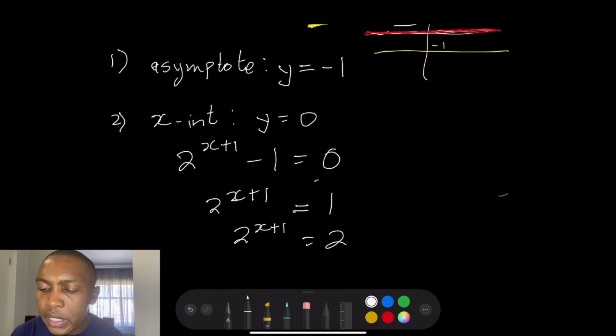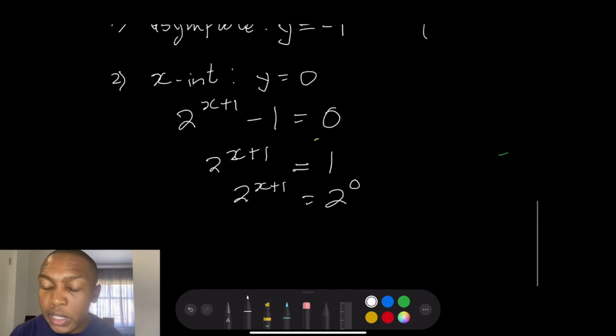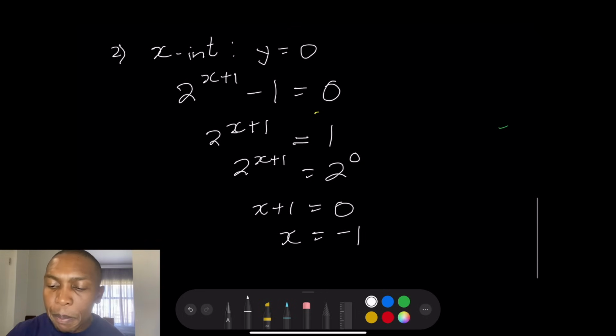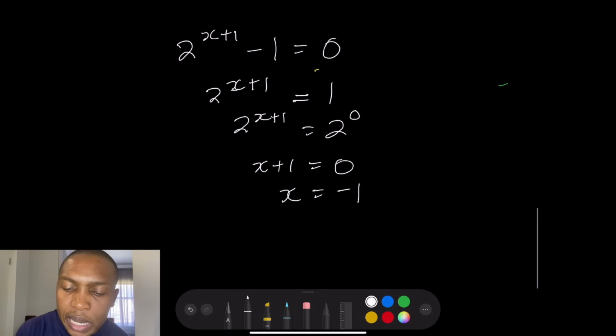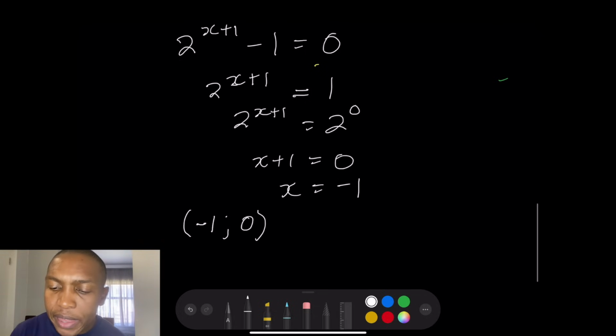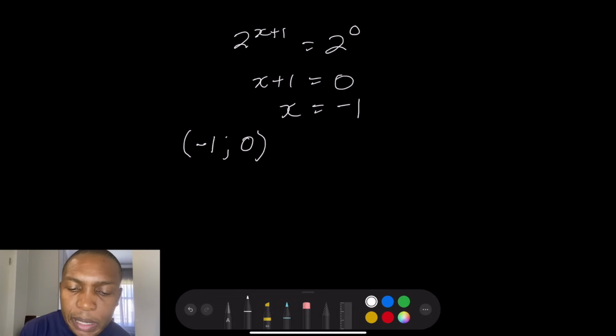In this case, I can say 2 to the power 0. Remember, anything to the power 0 is equal to 1. So as a result, if my bases are the same, I can drop down the exponents. So in this case, x plus 1 is equal to 0, and therefore x is -1. So remember, what this simply means is that our graph is going to cut through the point -1 and 0.